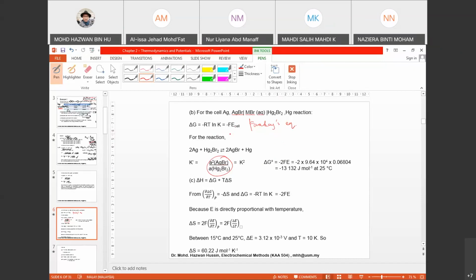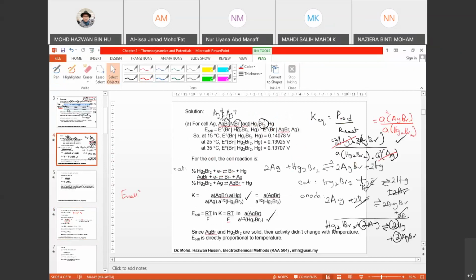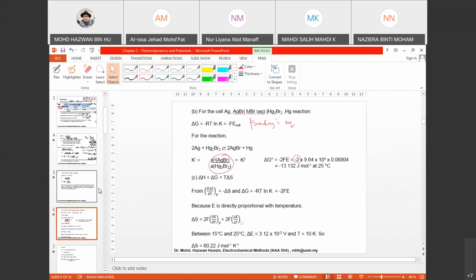Sorry, in this case, N will be equal to 2, because if you look over here, the electrons that were produced is 1, but we have balanced it into 2. So N is actually equal to 2. This formula tells you that delta G is equal to negative RT ln K, and it is also equal to negative NFE.